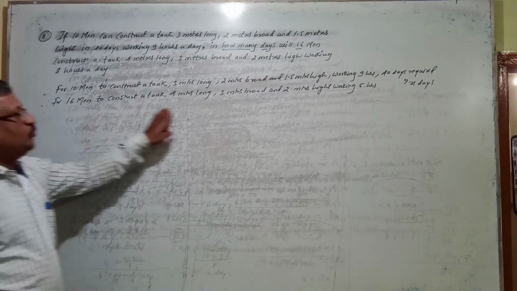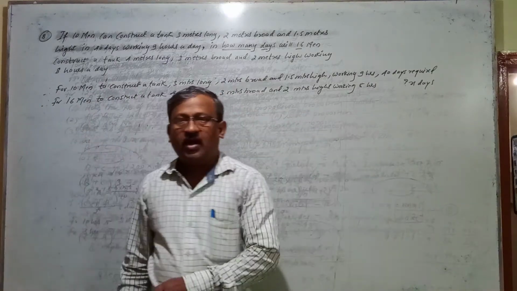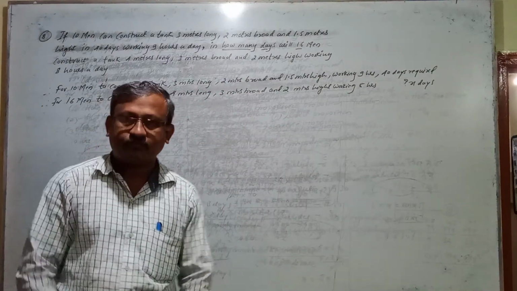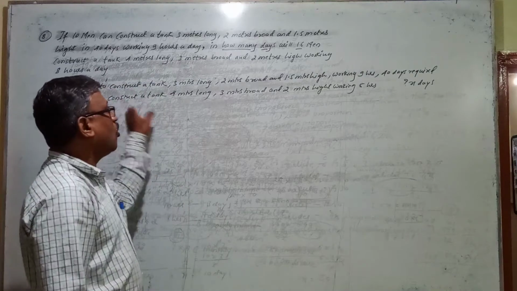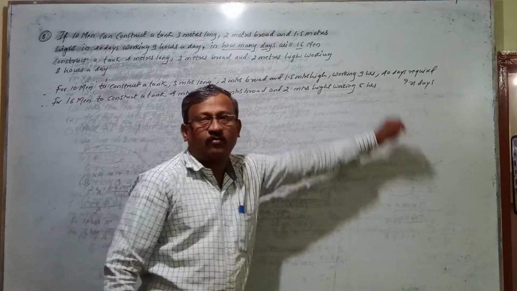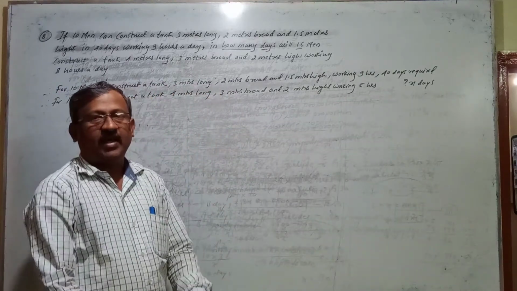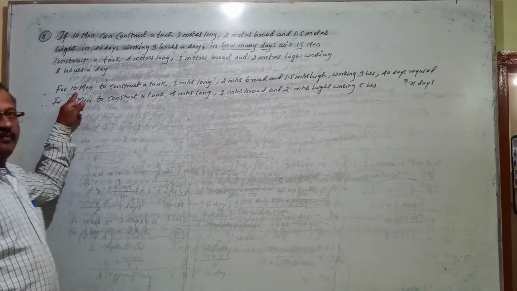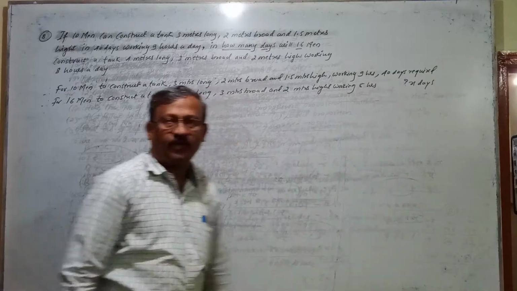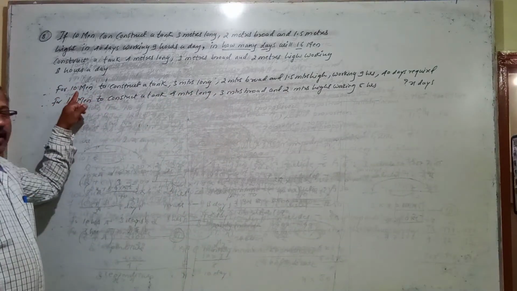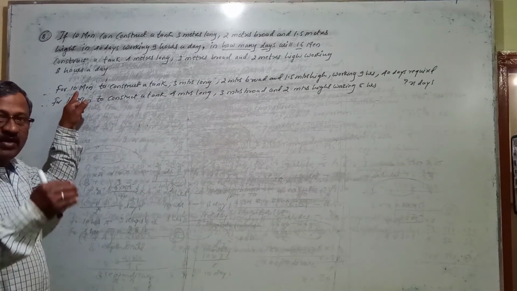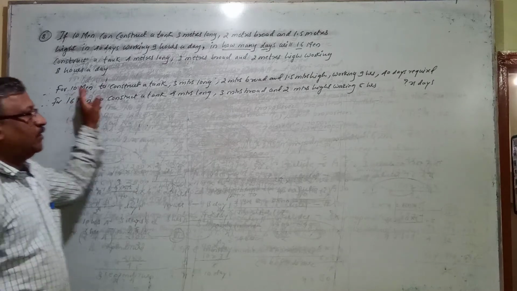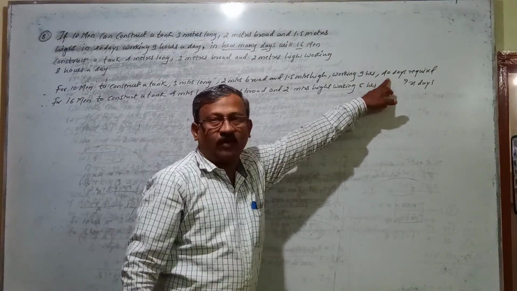So like this you have to put the equation, and after putting the equation, now one by one you have to compare all the given ratios with the number of days and see whether they are direct or inverse. So first you compare the number of men with the number of days. If we employ 10 men to construct the tank, 40 days are required.